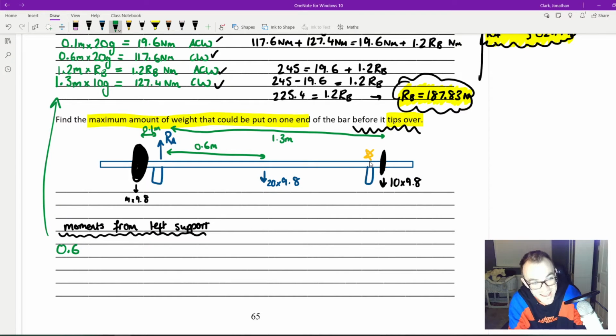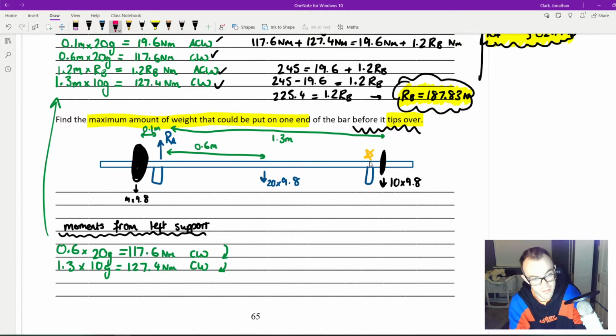It's up here. That's going to be 0.6 times 20g. That was 117.6 Newton meters clockwise. This mass over here was 1.3 meters away times 10g, which was 127.4 Newton meters. That was clockwise as well.